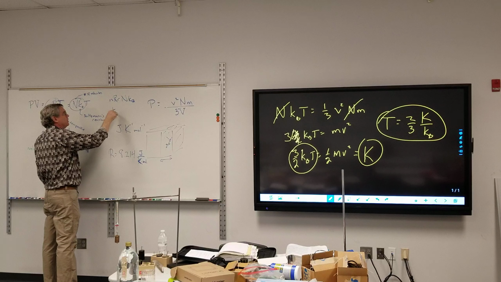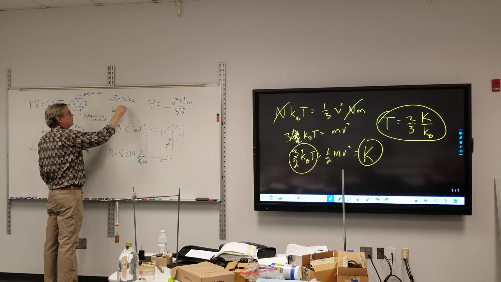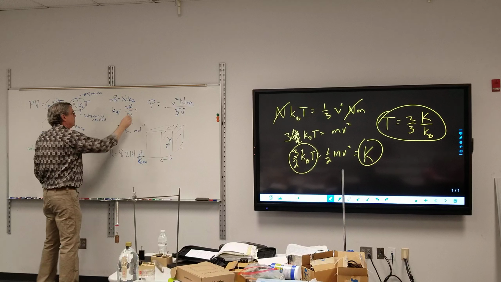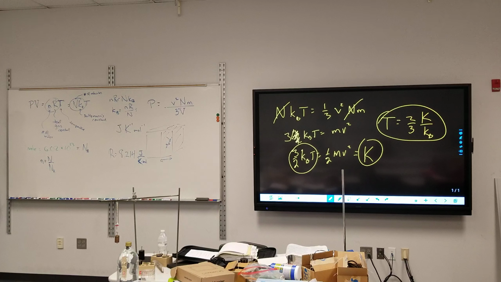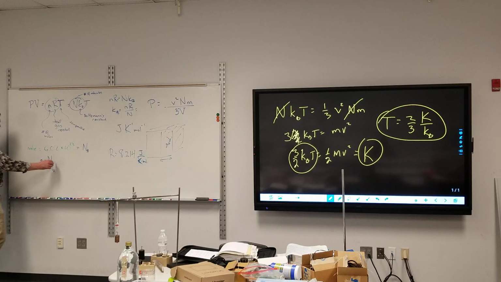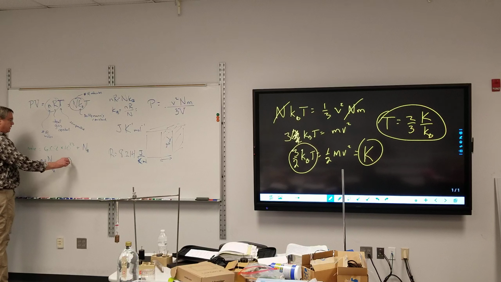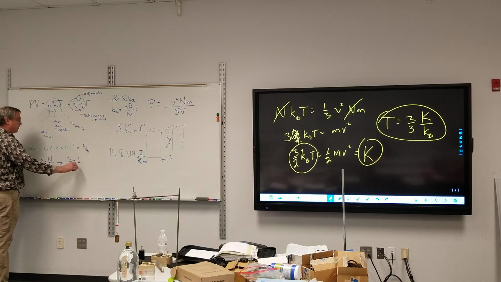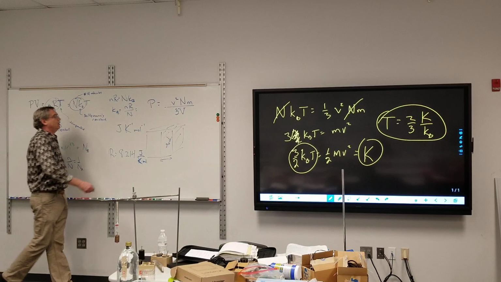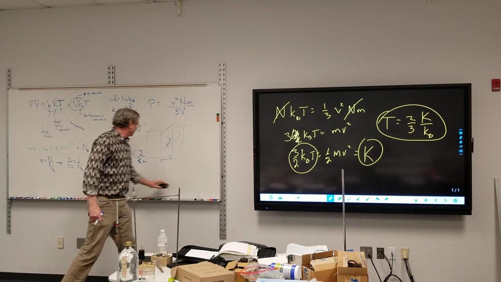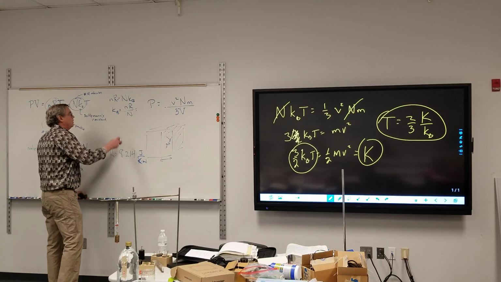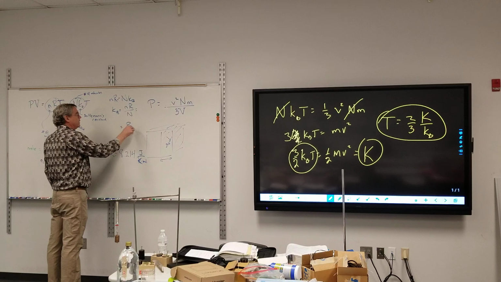I'm trying to solve for KB, so KB is equal to little n big R over big N. I know that little n over big N would be 1 over Avogadro's number. So this would be the ideal gas constant divided by Avogadro's number.